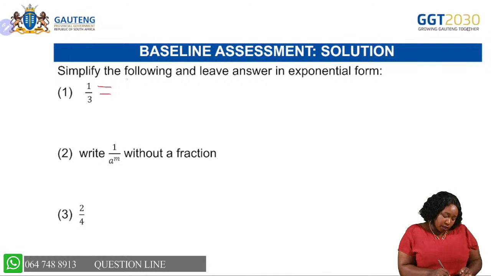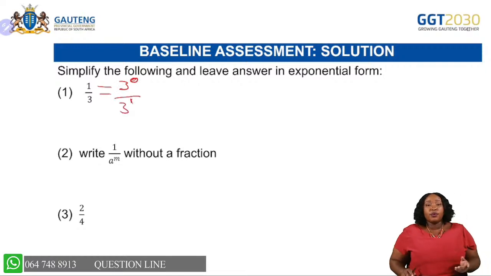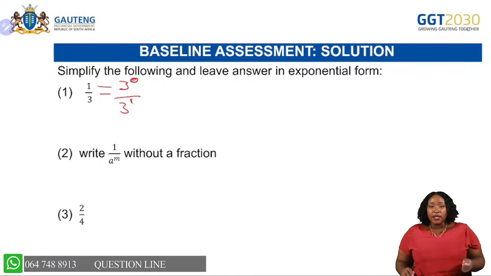That means here we could have written 1 as 3 to the power of 0 over 3 to the power of 1. You know that if you have not written an exponent, the base is actually being raised to 1, right? So 3 to the power of 0 is the same as 1. The reason we're doing this is so that you can see where we are getting the answer.